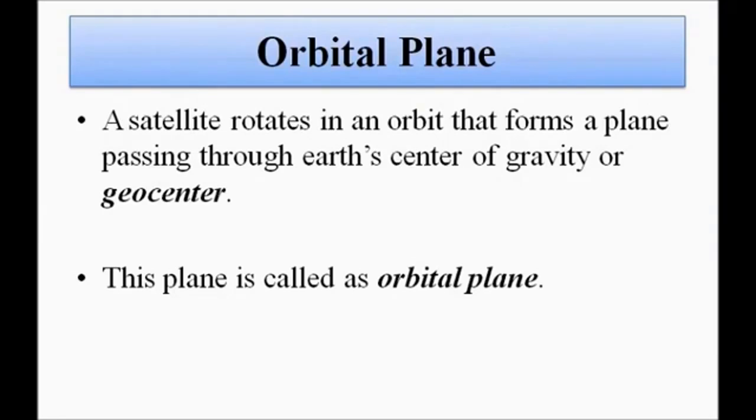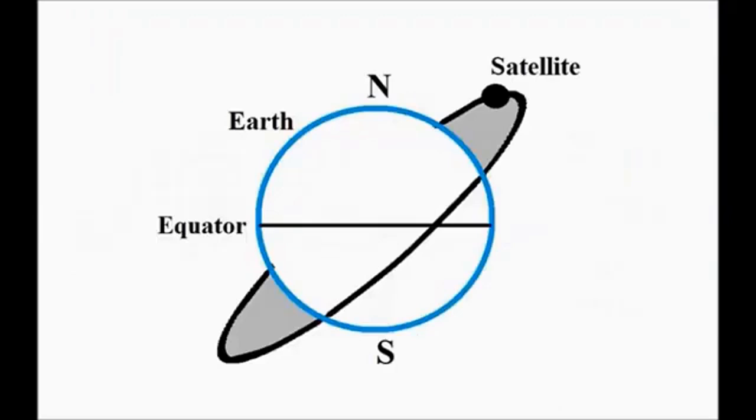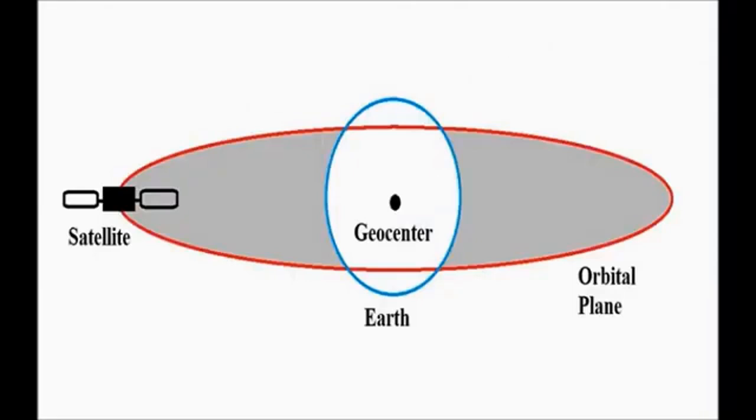So as it moves, it forms a plane, and this plane is called the orbital plane, and the center is the center of the Earth's mass, which is called the geocenter. So this is the concept of orbital plane.